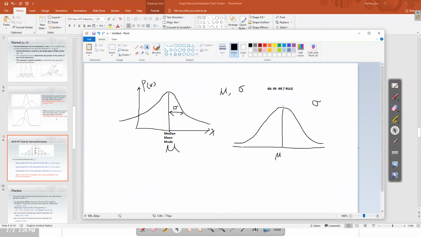It says if you have the center of the normal distribution, and you measure 1 standard deviation from the center to both sides, then you have an event enclosing the middle probability. So this area in the middle, this probability, will be 68%.